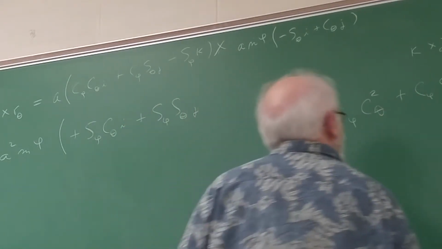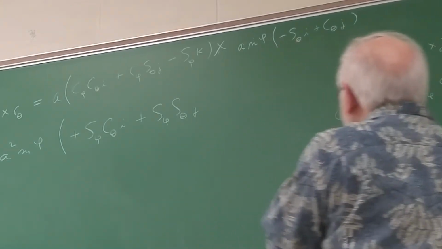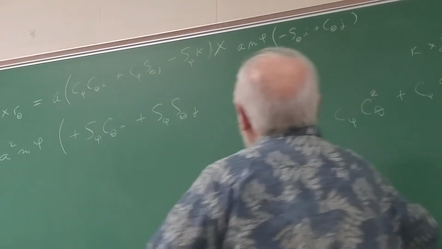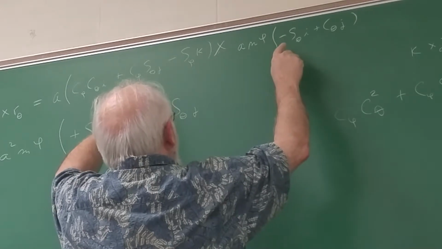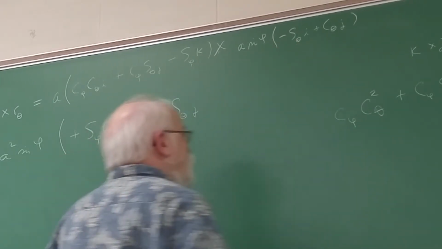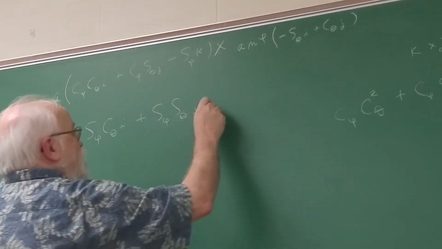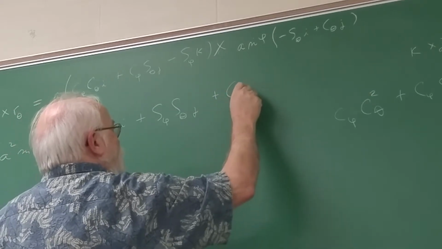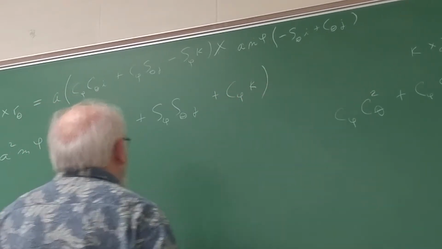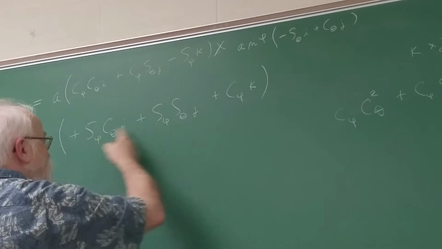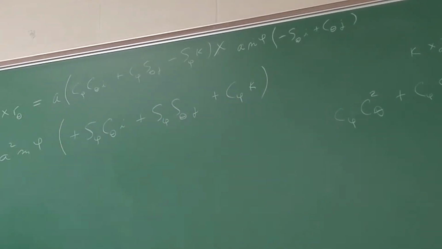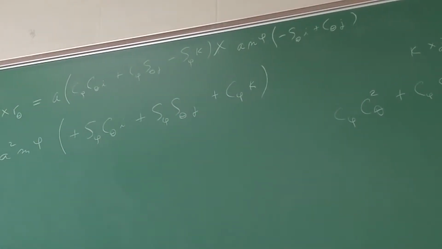Ooh, no, I see it. And it's plus plus, because here I had plus minus, but it was j cross i is negative k. So cosine phi k. And now look at this. That's the same as the original r.